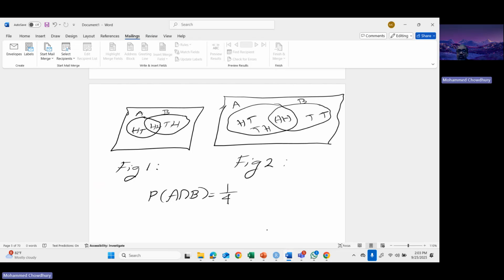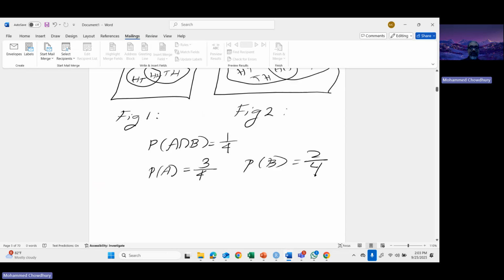In figure 2, the probability of A equals 3 over 4, and the probability of B equals 2 over 4. Now, if you multiply these, you will get 6 over 16, which is equal to 3 over 8.